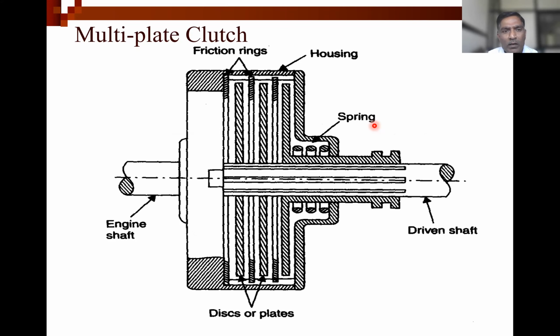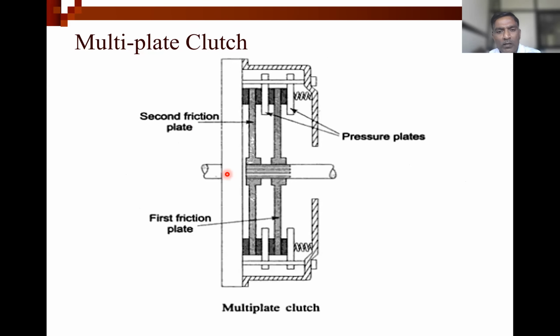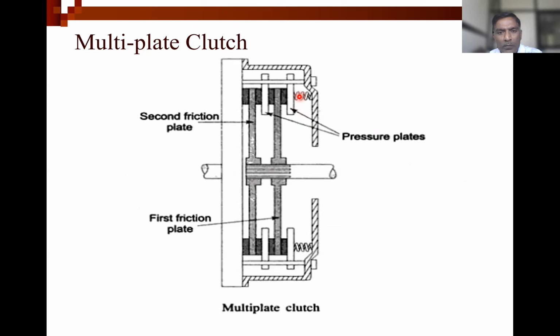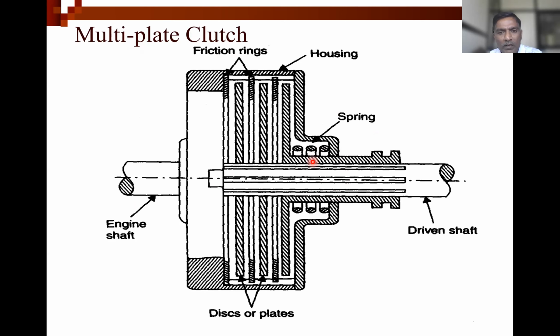You can see another figure with respect to the multi-plate clutch. This is the engine shaft. So this is the simplest one. Now here springs are along the circumference. Here one central spring is provided. Another construction is the same. You can see the engine shaft.